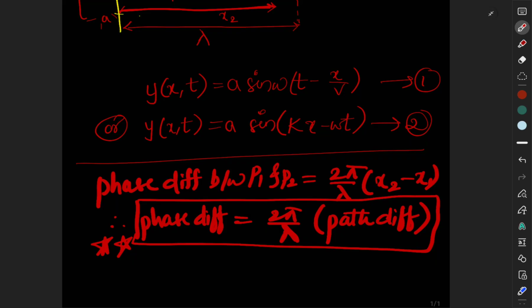Now we'll see the superposition of two waves of same frequencies but having constant phase difference. Does superposition of two or more waves influence the amplitude, frequency or other characteristics?